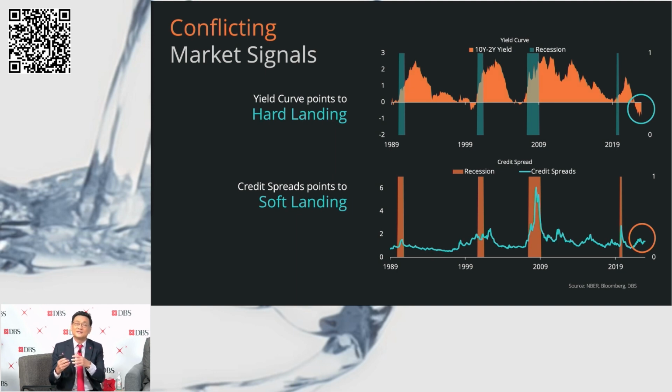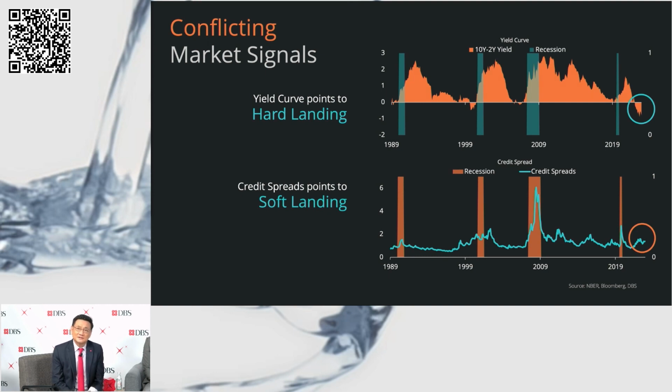In other words, when the short end of the yield curve is higher than the long end of the yield curve. And in the past, as shown during the oil crisis of the 1980s, the pre-internet bubble bursting in 1999, and the GFC in 2008, whenever there was an inversion of the yield curve, an impending recession would take place. Today, the yield curve is highly inverted, acutely inverted, which suggests really a hard landing scenario in the making.